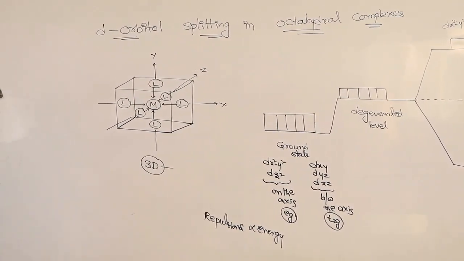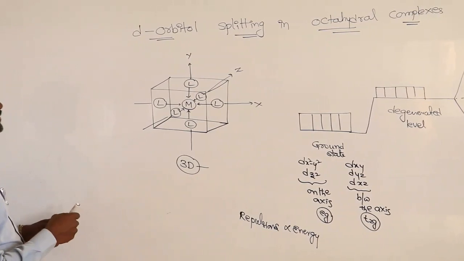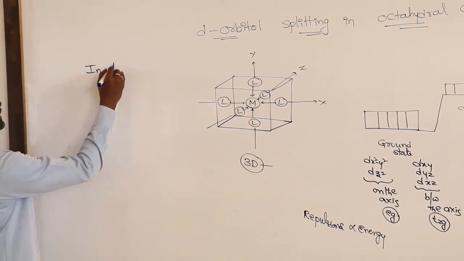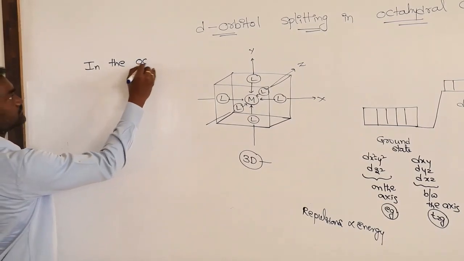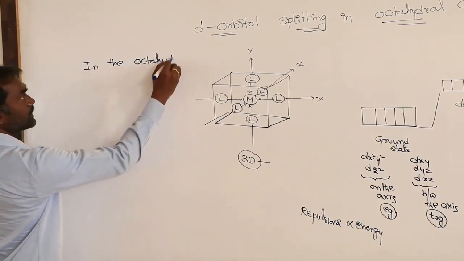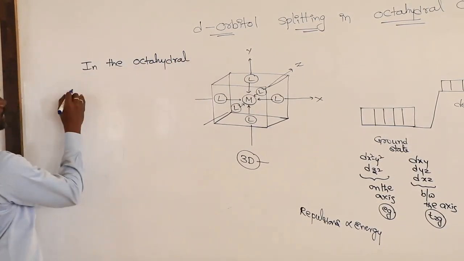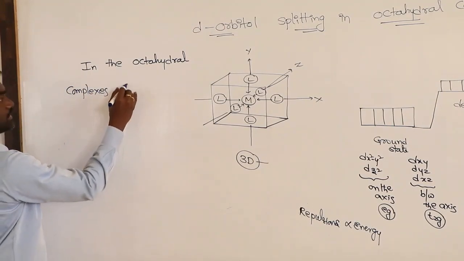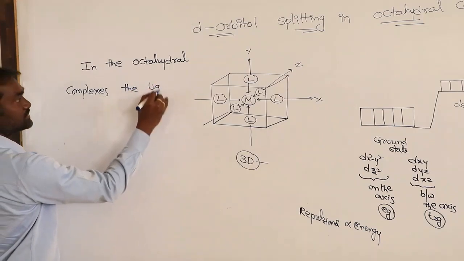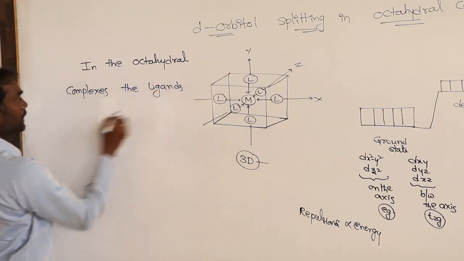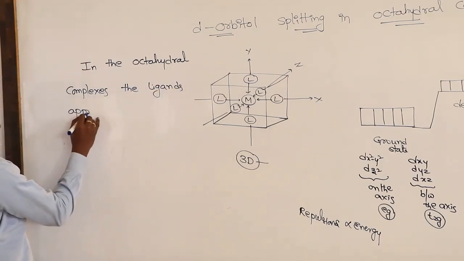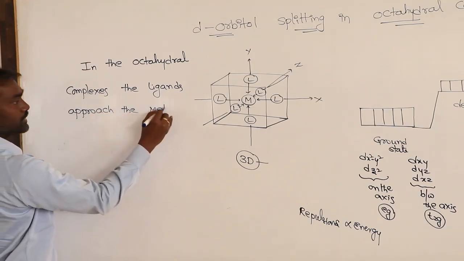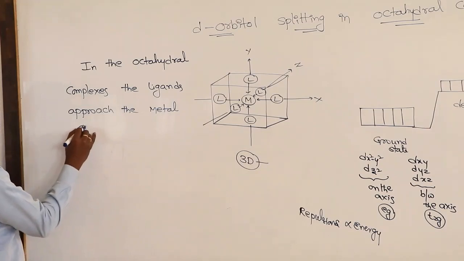If you want to write the notes, you can also write it this way: in octahedral complexes, the ligands approach the metal on the axis.